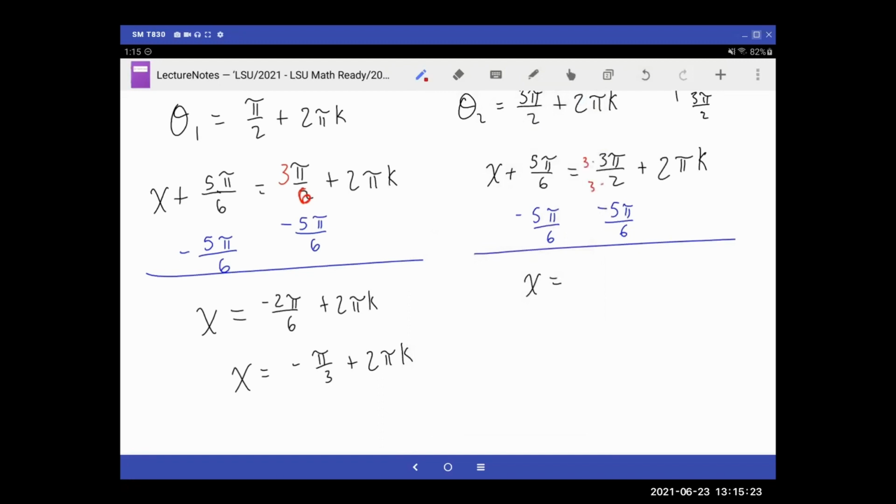That'll give me 9 pi over 6. Nine pi over 6 minus 5 pi over 6 is 4 pi over 6. Reduce that.